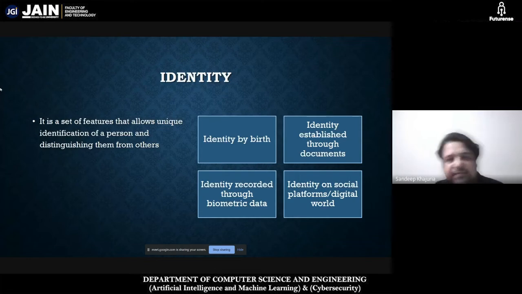There are some unique features that establish a person's identity. Some of the features are here: identity by birth, identity through documents, through biometric data, on social platforms or the digital world. So let us learn something about these features.